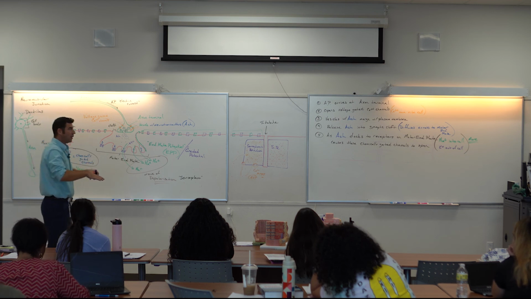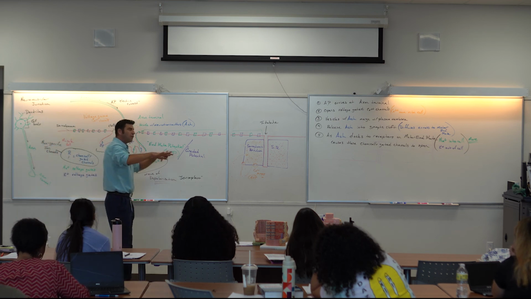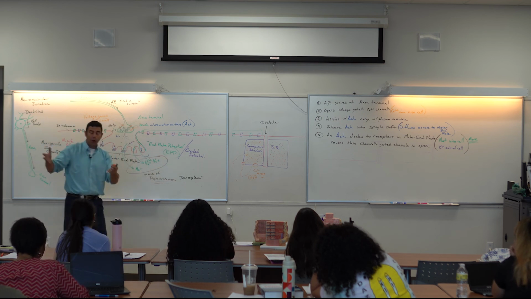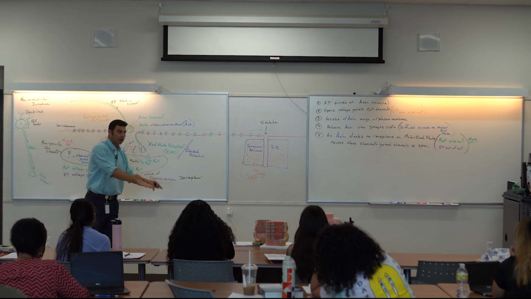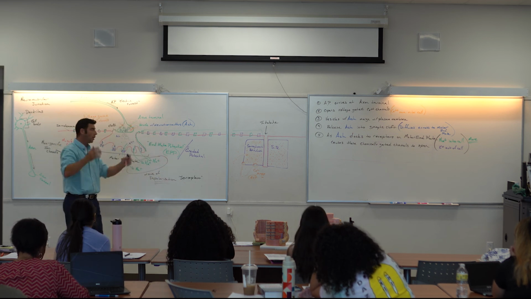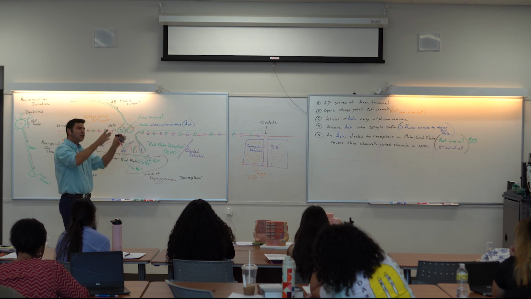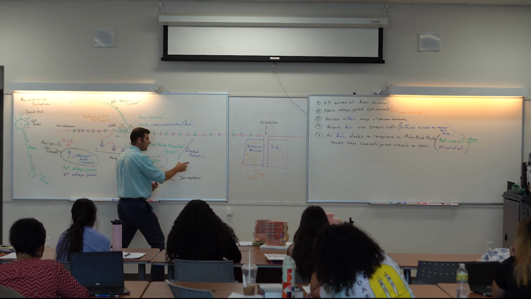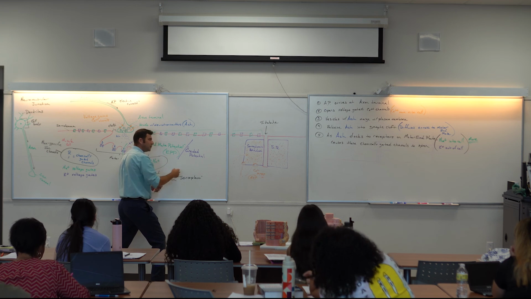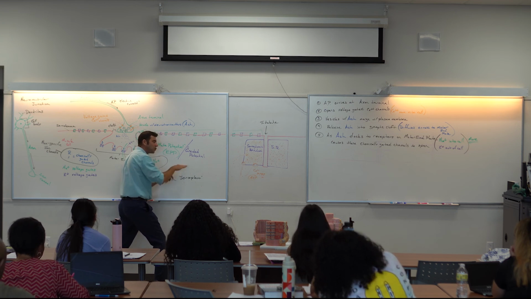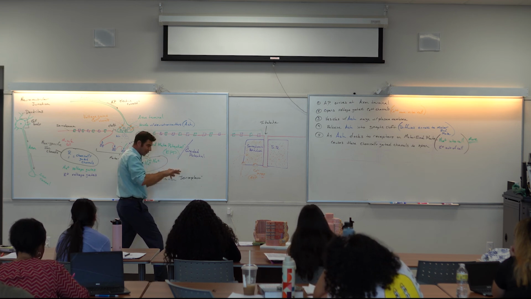That wouldn't be as strong of a disturbance as if I took a big boulder and threw that into the water. That would cause a big disturbance in the water. Graded potentials describe those types of varying disturbances.